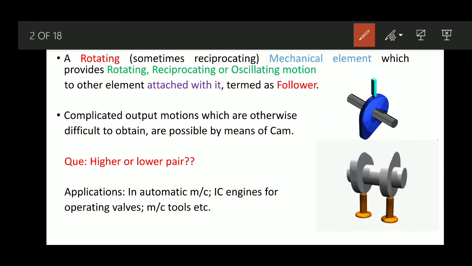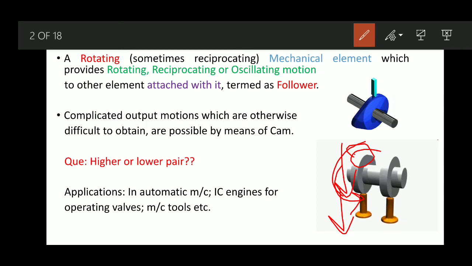In a particular timely manner, whenever this cam is rotating like this and this bulging portion comes in contact with the follower, force transmission takes place and in this particular direction it goes down.